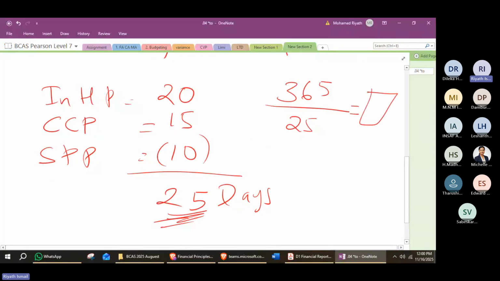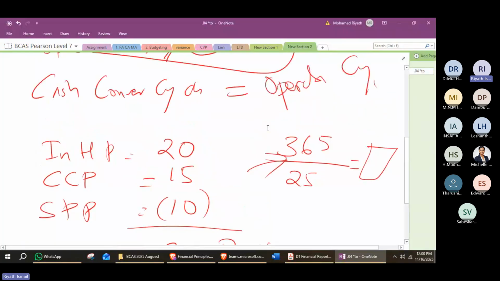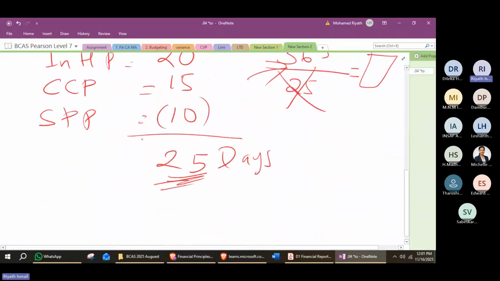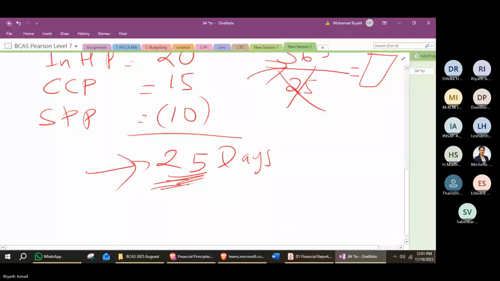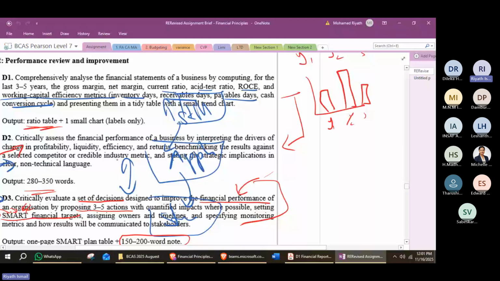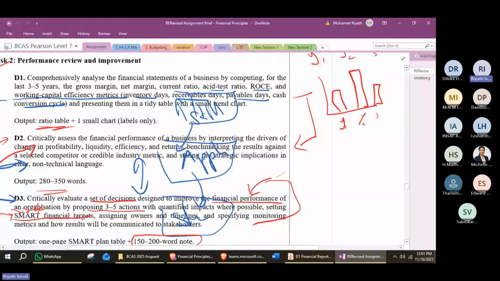This is how many times you are running the business in a year. But that is not necessary here. So this is how we calculate the cash conversion cycle, right? Payable period, cash conversion cycle. Other than that, no need for anything.